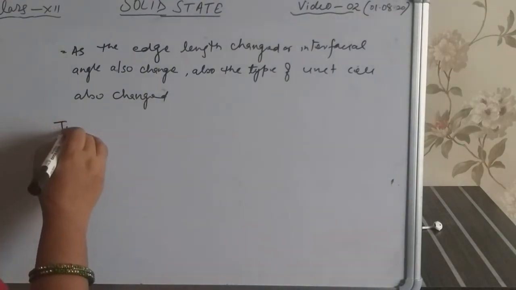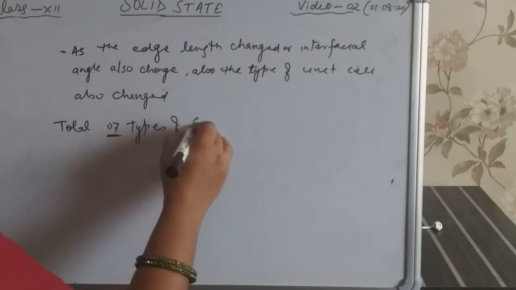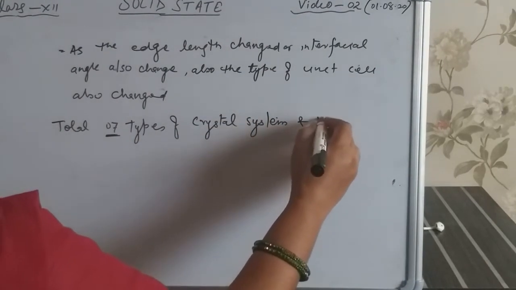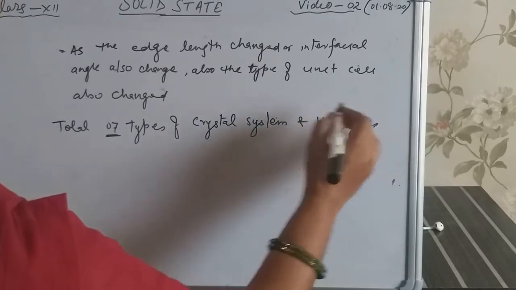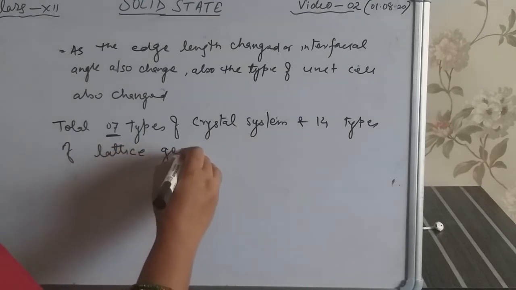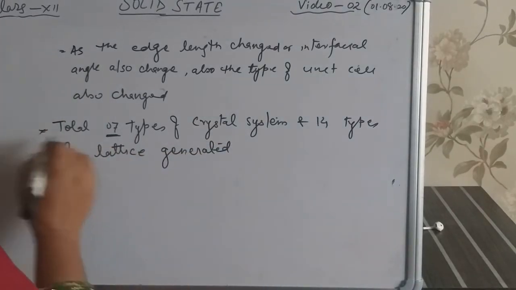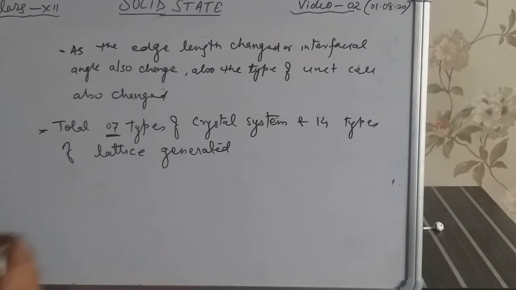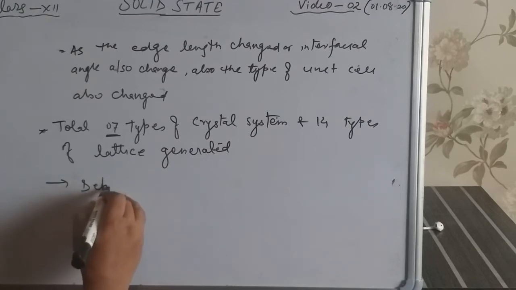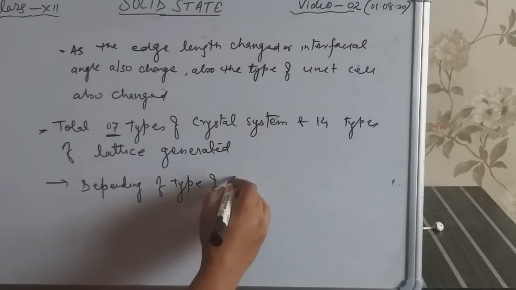So total 7 types of crystal systems and 14 types of lattices are generated, depending on the type of unit cell.